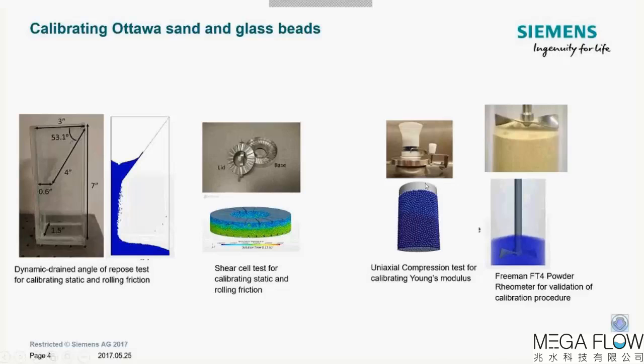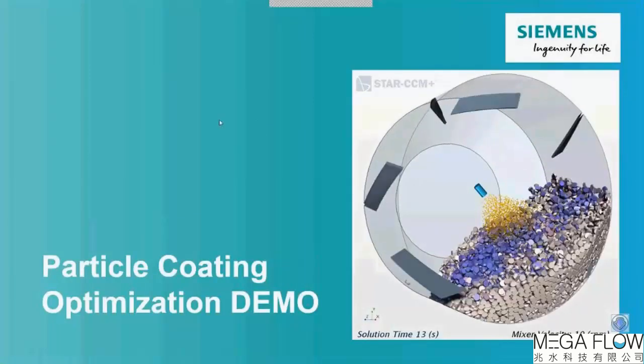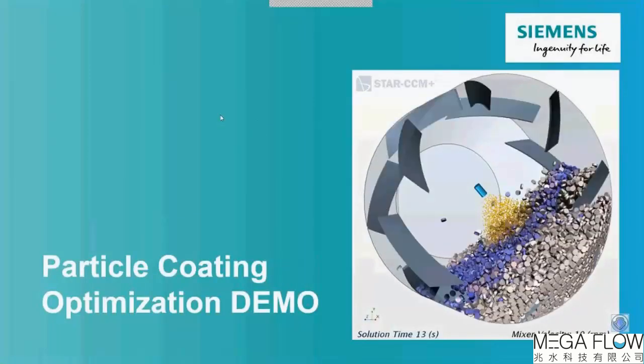And then the next step would be to fine-tune the Young modulus or stiffness of particles by doing the uniaxial compression test and running the simulation in your actual applications.